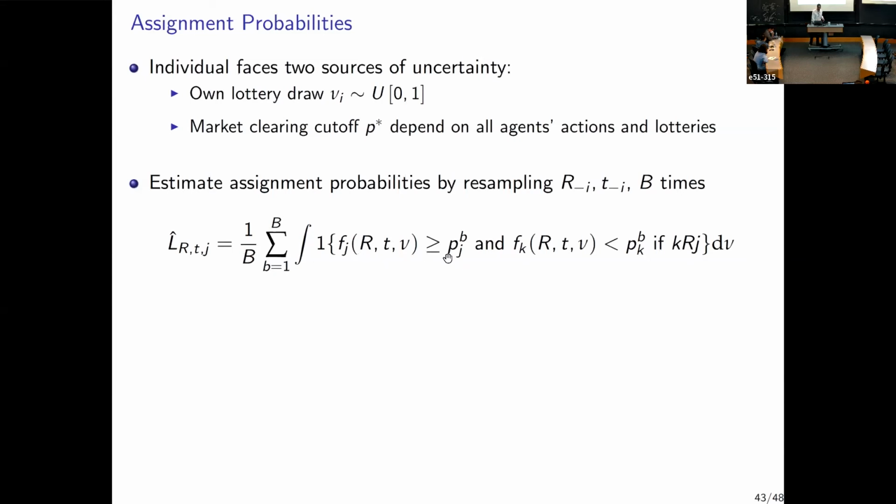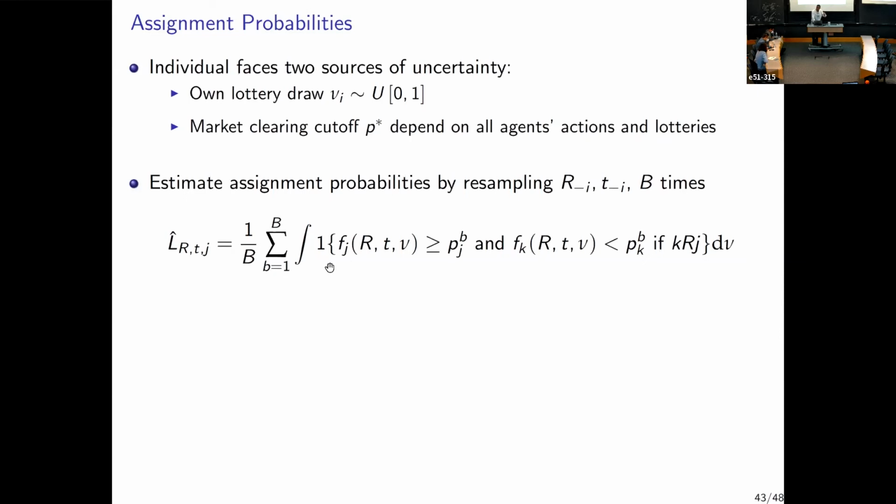And ask yourself, did the priority of this individual clear the threshold for each particular school, and where would this individual have been placed for different values of nu? Okay, so you can see for each value of nu, where would this individual be allocated? Okay, for each draw of the competitors' reports.